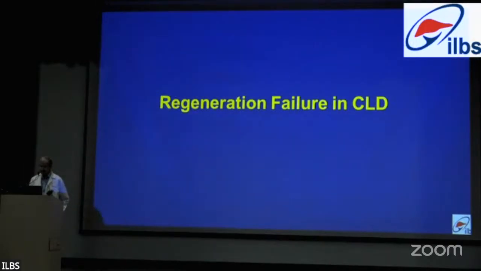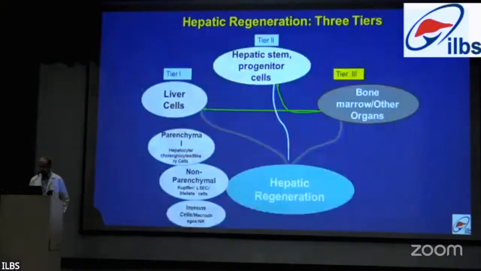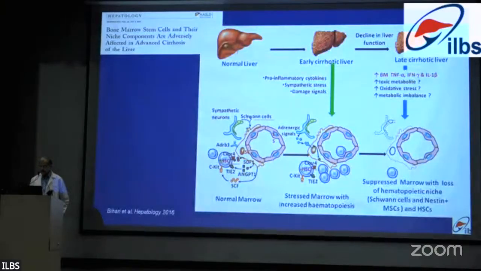Why does regeneration fail in CLD? This is the question with which Anupam and myself got engaged several years ago. Let's walk through what happens in this. Our first lucky break came when Chhagan did this work, which came on the cover of the Hepatology October 2016 issue.